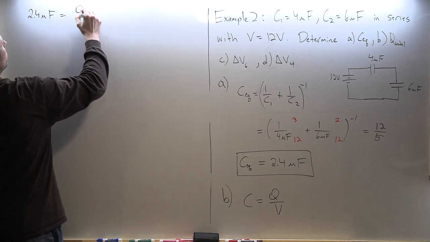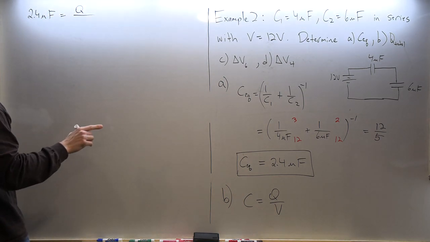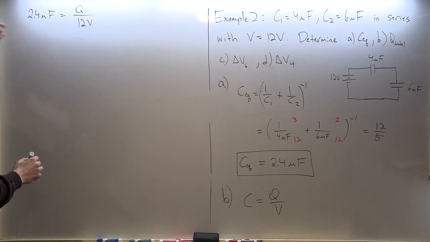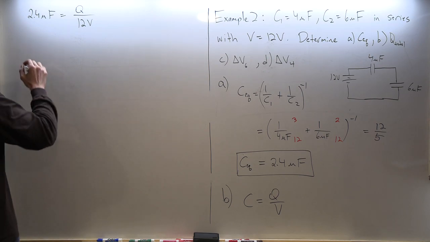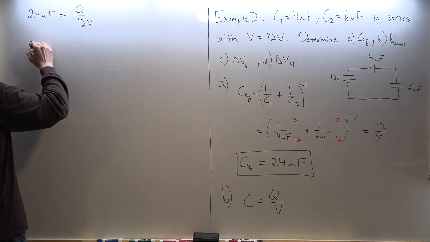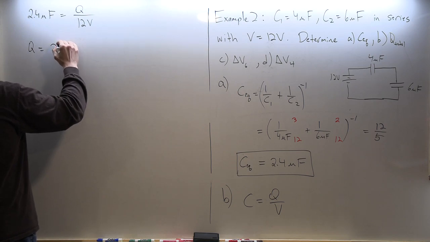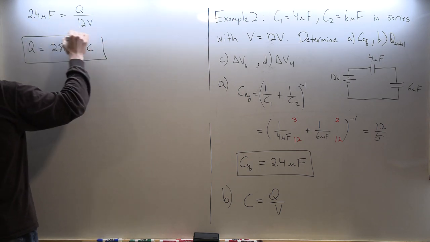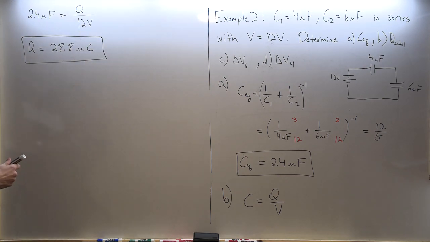The total charge is what I'm looking for, and the total volts is 12. So if I multiply the 12 to the other side, I get, I believe, 28.8 microcoulombs.